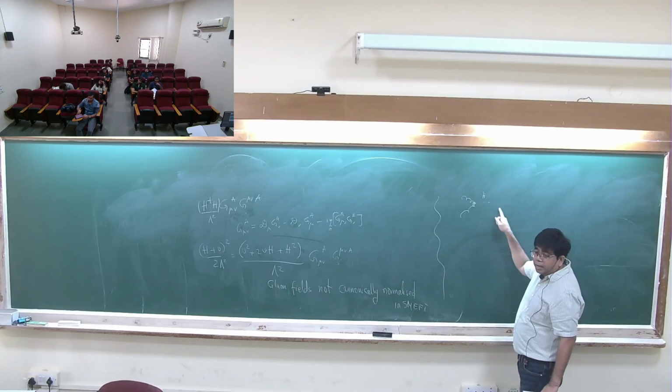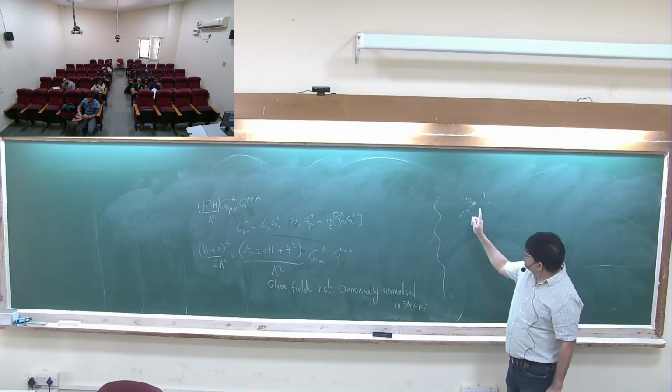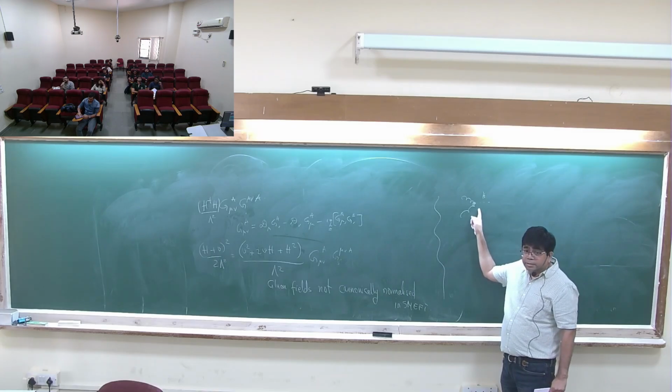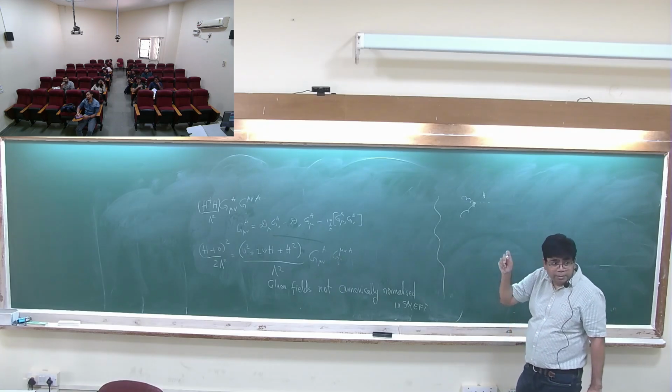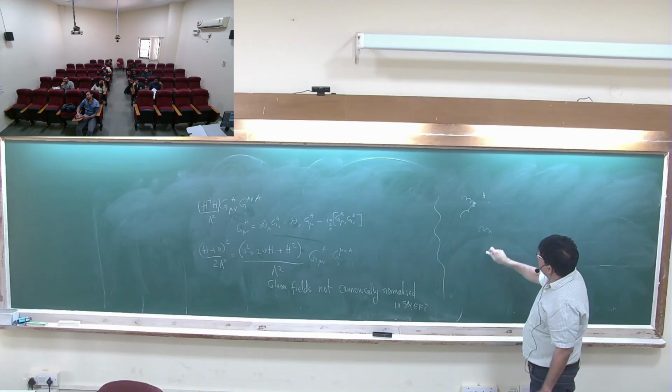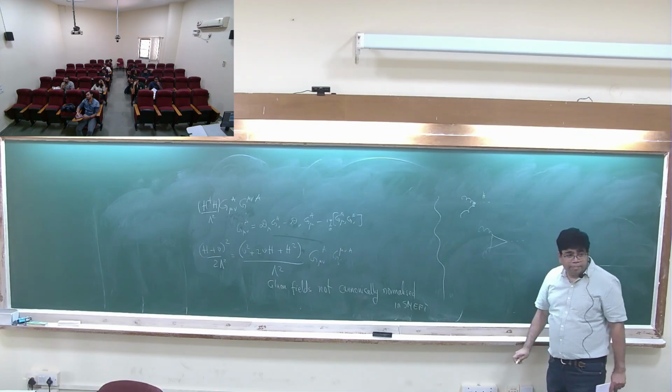New vertices will have. Now this GGH is generated, this is answering your question, in the standard model by this loop diagram.